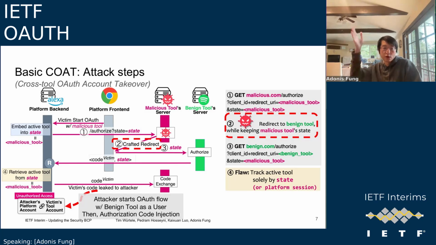Now you will hit the fourth column, which is the authorize endpoint of the legitimate authorization server. The authorization server will think, oh, this URL looks perfectly right. You copied it from a legitimate URL. All the redirect URIs look just so good. Everything is whitelisted.